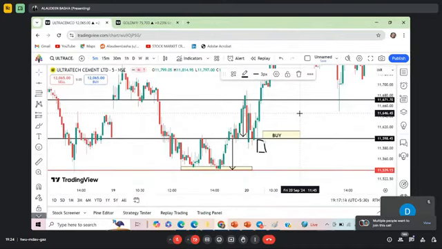Don't try the opposite trade. If the market is in uptrend, you don't go for sell, even if it retests. If the market is in uptrend, wait for a double bottom and go for buy. If the market is in downtrend, wait for a double top and go for sell.